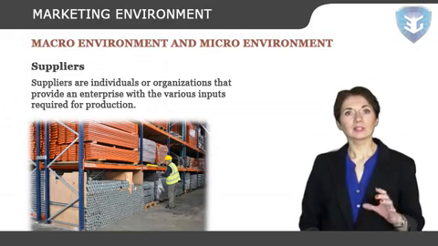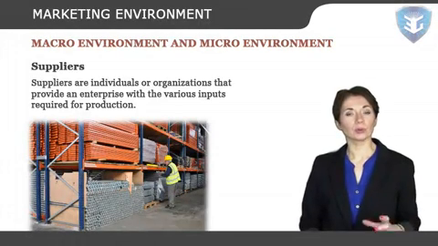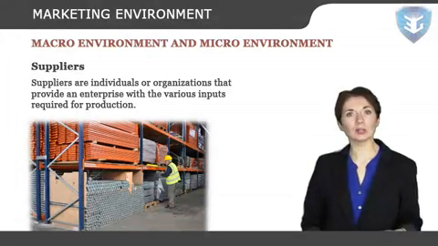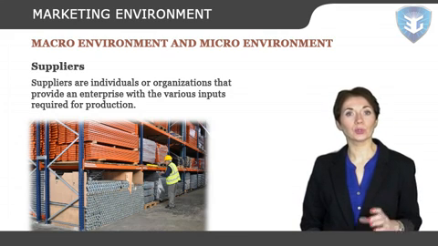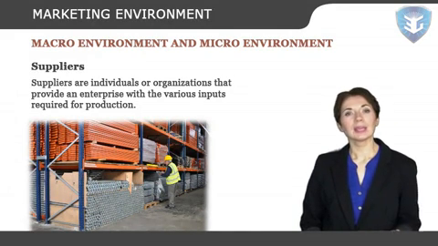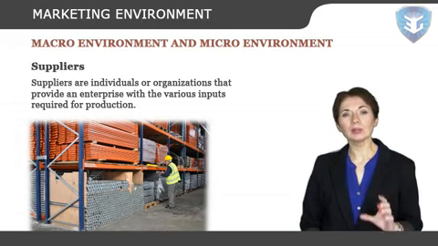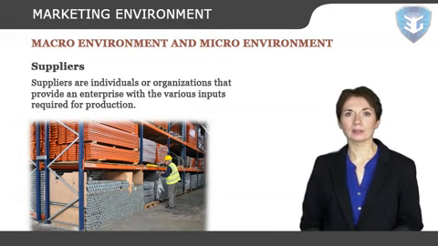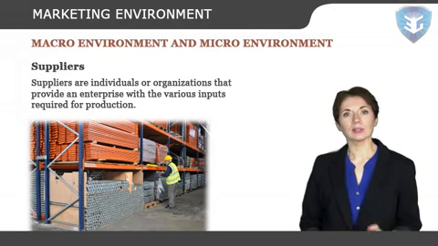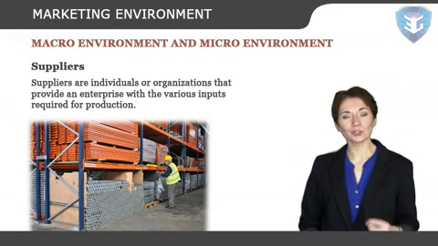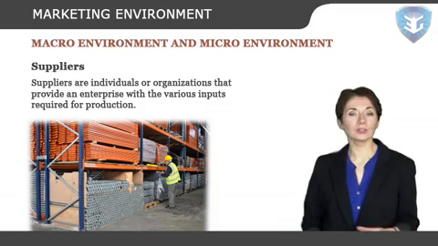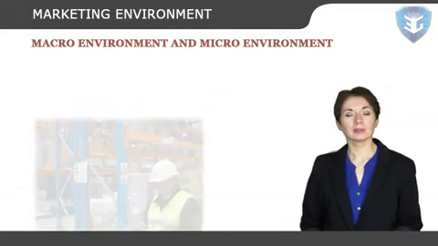Suppliers. Suppliers are individuals or organizations that provide an enterprise with the various inputs required for production. It is important that the manager ensures a reliable supply of input resources. The effectiveness of the supply system determines the organization's long-term survival and growth.